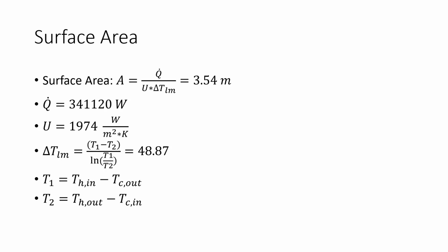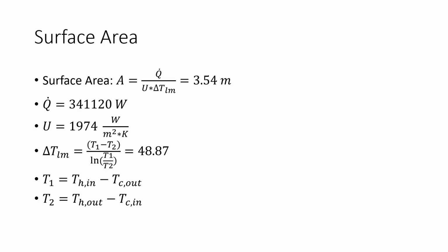Next up, we can solve for the surface area with the LMTD method. So for the surface area, we have A is equal to Q dot divided by U times delta T Lm. Delta T Lm is described as T1 minus T2 divided by the natural log of T1 divided by T2.